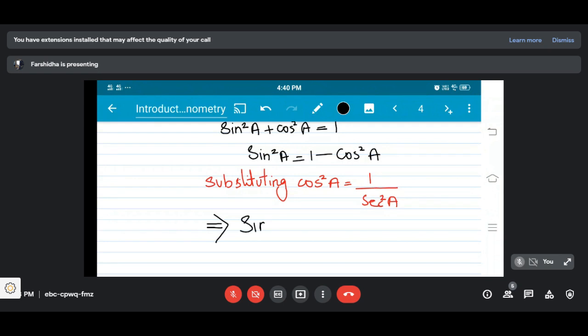So sine square A equal to 1 minus 1 by sec square A.